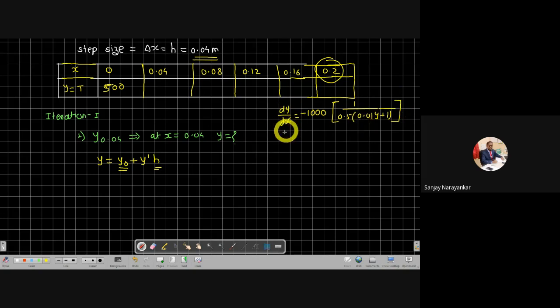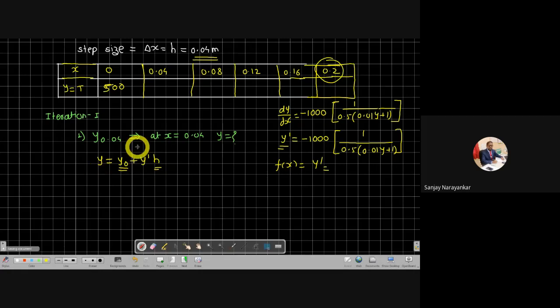So what is dy by dx? y dash. y dash is equal to minus 1000 in bracket 1 upon 0.5, 0.01 y plus 1. Okay, so this is your y dash, or we can say that the function.